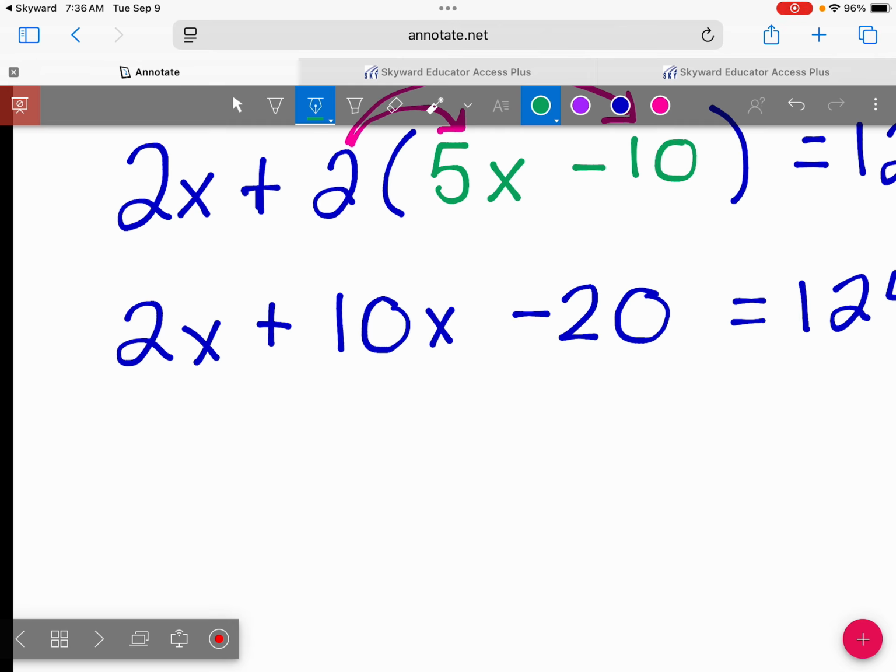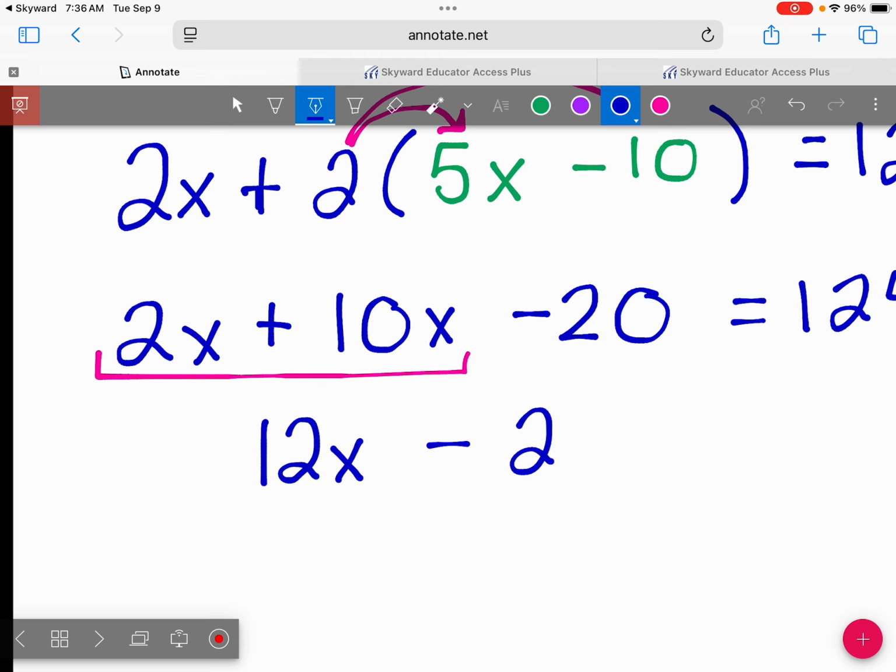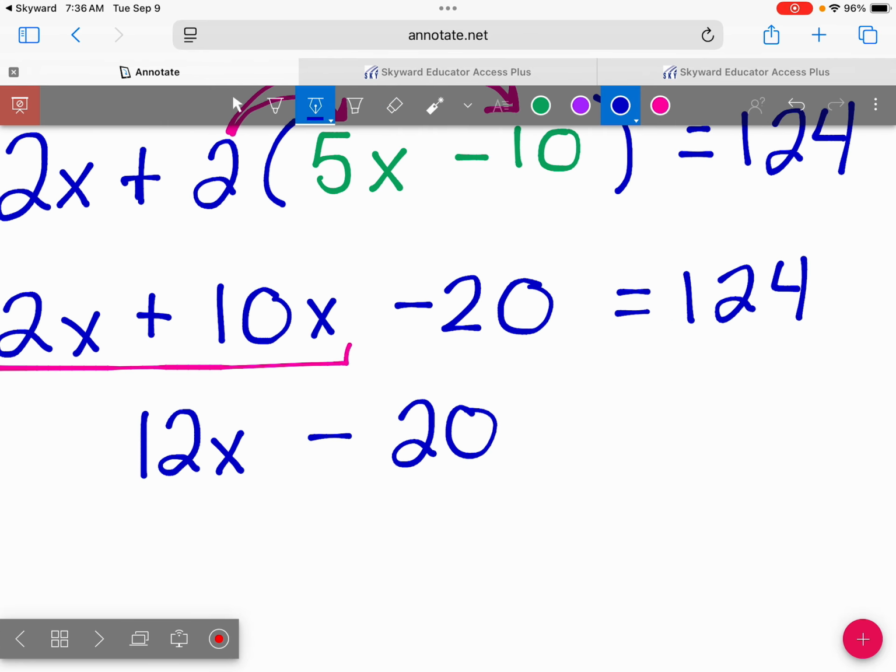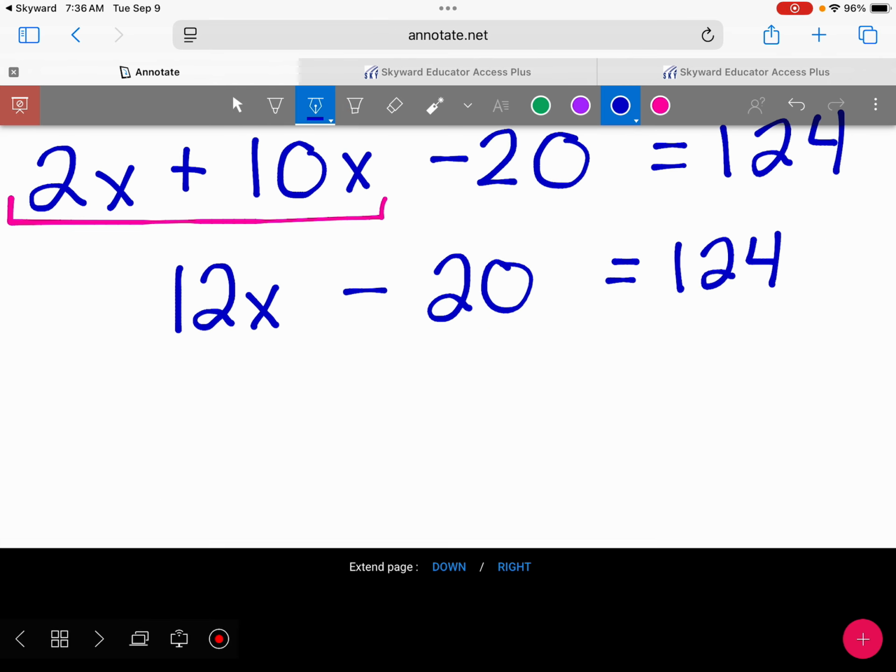I've got a 2x plus 10x. That's going to give me 12x minus 20 equals 124. What should we do next? Add the 20. Add the 20 to both sides.